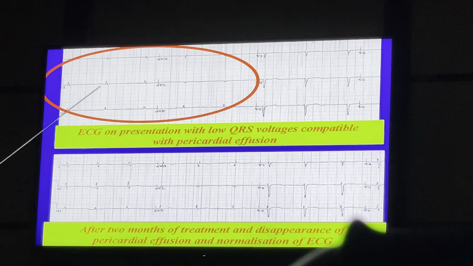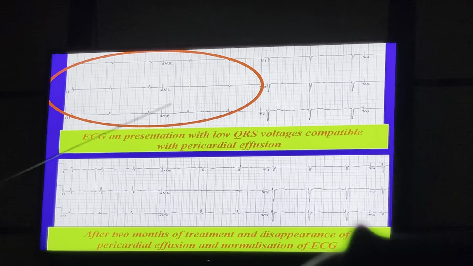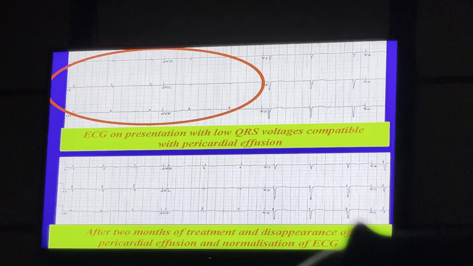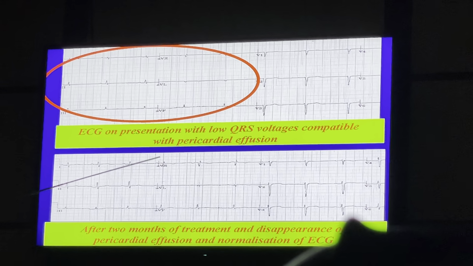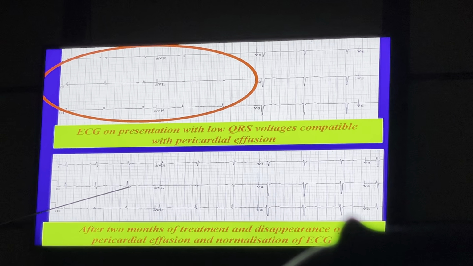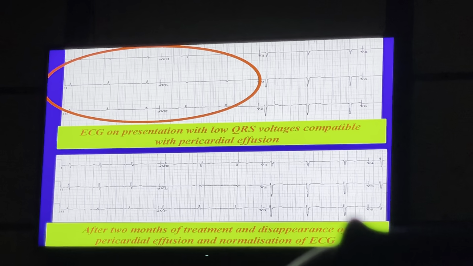It should be the whole QRS. It should be less than 5. So here in all the leads, if it is less than 5, it is low voltage. It is written that in pericardial effusion, when we drain the effusion, the voltage becomes large, because from here to here it is more than 5.